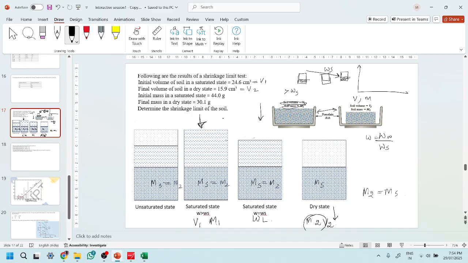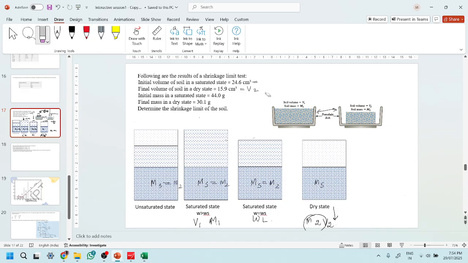So this will have water content greater than Ws, this has water content less than Ws, and this has Ws, isn't it? I hope this is making intuitive sense. Is it making sense? Yes, madam. Okay.